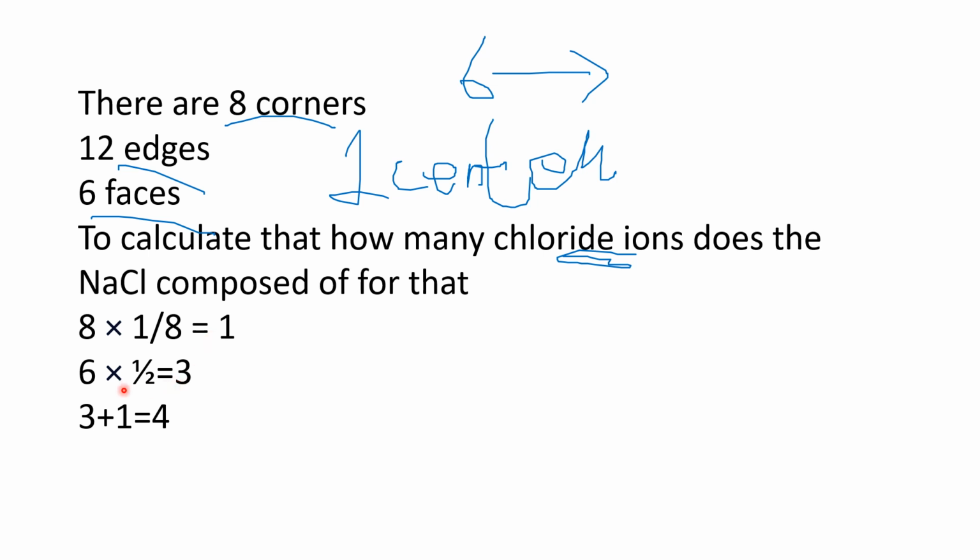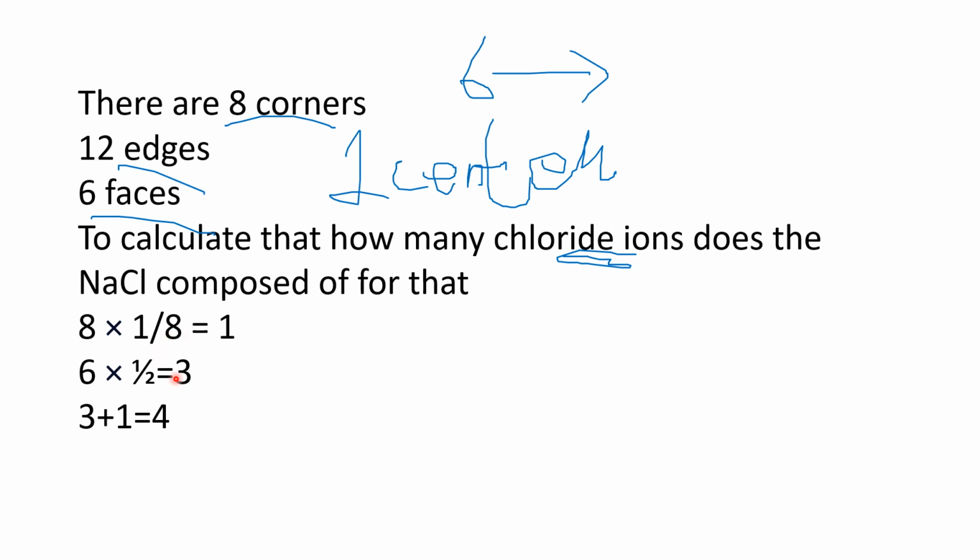If we talk about the faces, there are 6. In one direction we have 2 faces, and each face has 1 ion shared with its neighbor. If we divide that, we get 3.